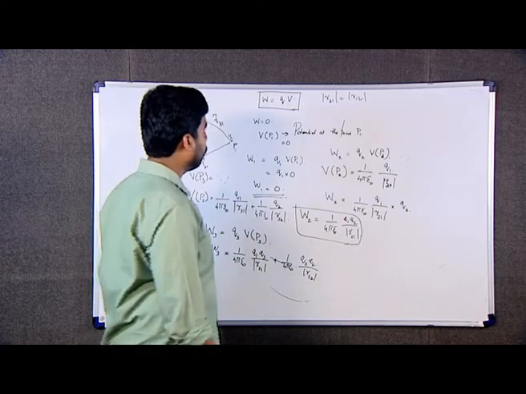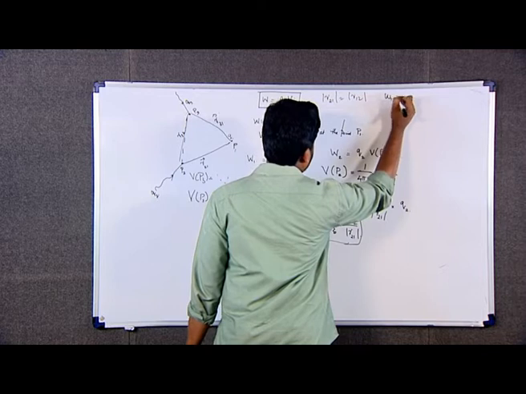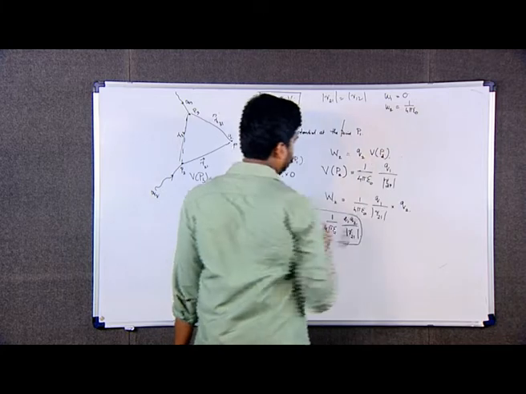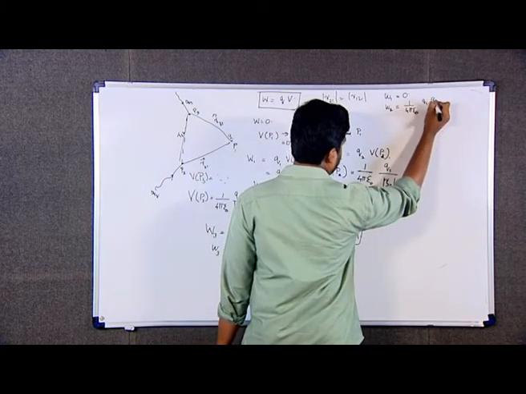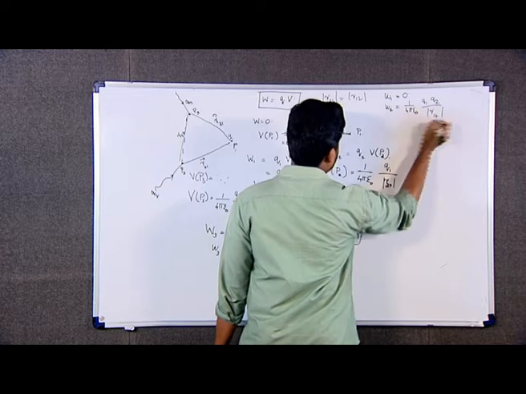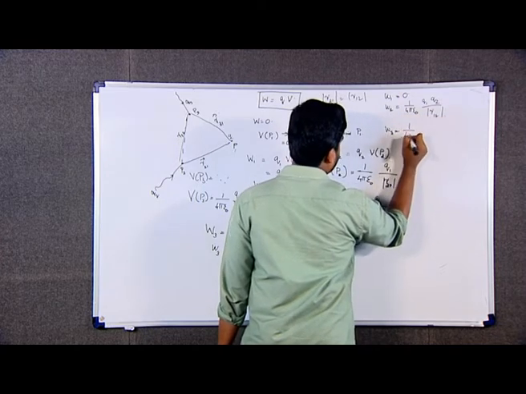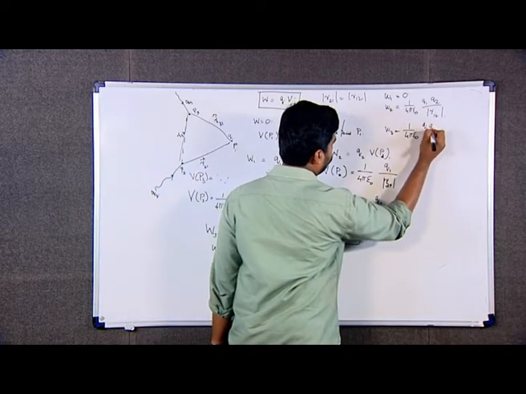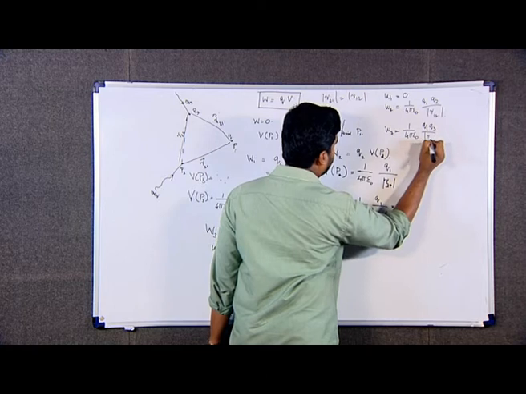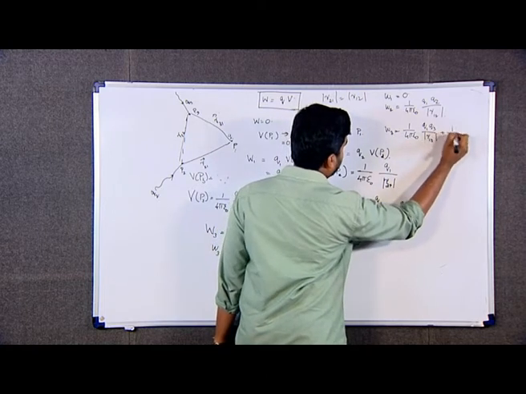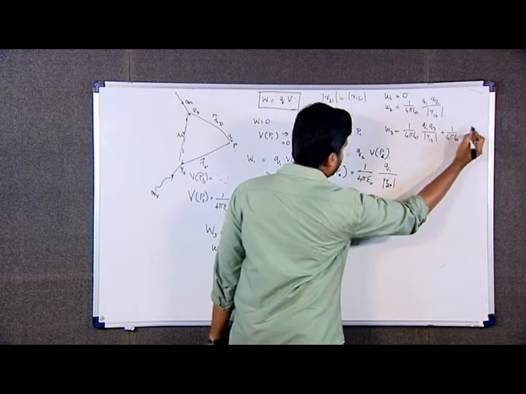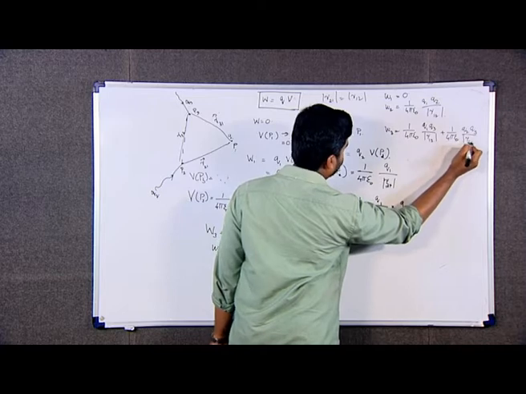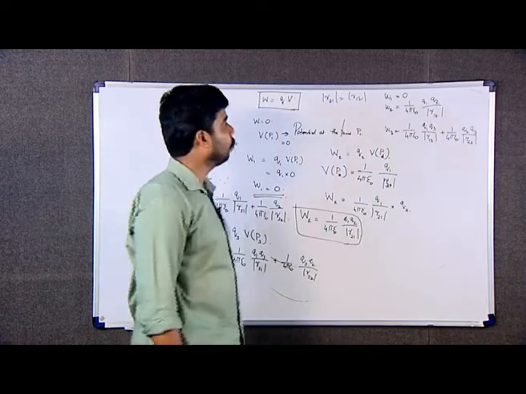So, I can write W1 as 0, W2 as 1 by 4 pi epsilon 0 Q1 Q2 by R12, W3 as 1 by 4 pi epsilon 0 Q1 Q3 by modulus of R13 plus 1 by 4 pi epsilon 0 Q2 Q3 by modulus of R23.